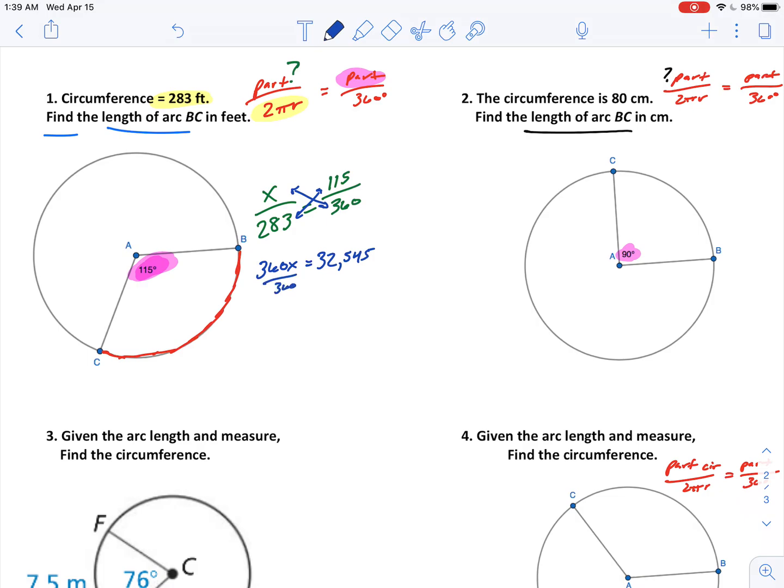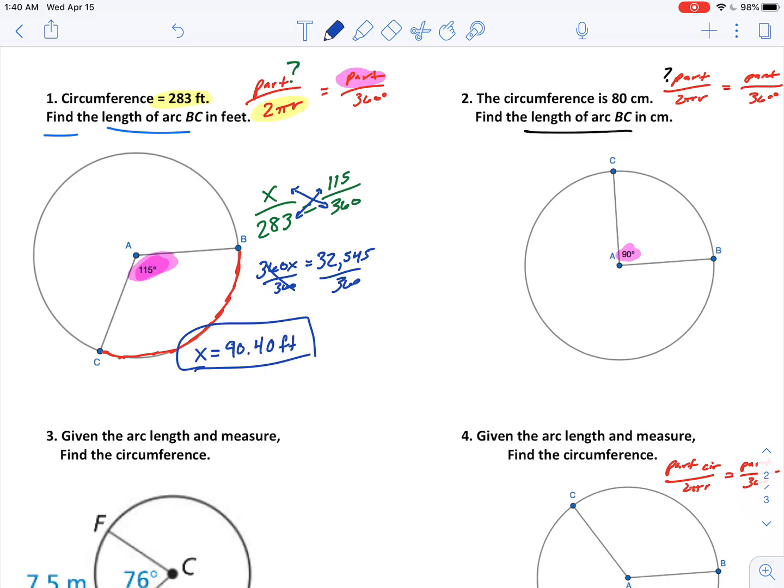And 283 times 115, I'm just going to simplify that. 283 times 115 is 32,545.